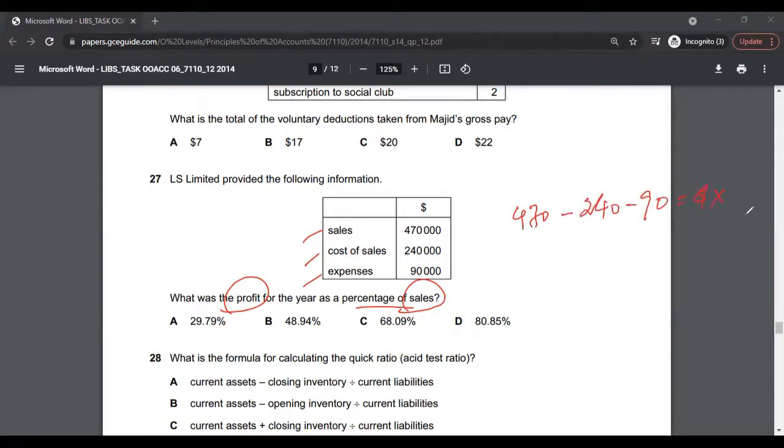You would have some number here, and then you would divide it by 470, or $470,000, to calculate the percent of profit over sales. If you do the maths, the answer is 29.79. That is option A. So option A is the answer to multiple choice 27.